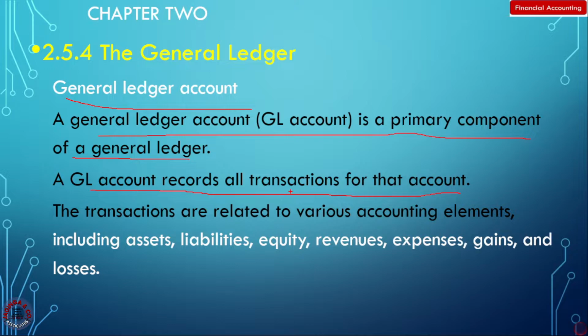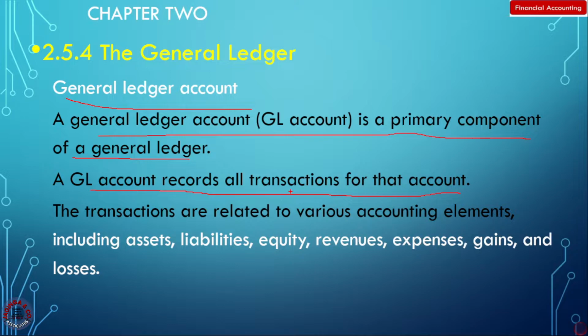So what we mean here is that when you want to record the transactions of assets that you've bought, all the transactions of those assets will be recorded in the assets account, or rather the general ledger account for assets.